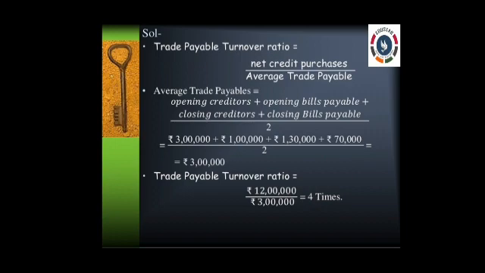So three formulas we have to apply: trade payable turnover ratio, then average trade payable, and another one, average payment period: 365 divided by trade payable turnover ratio.